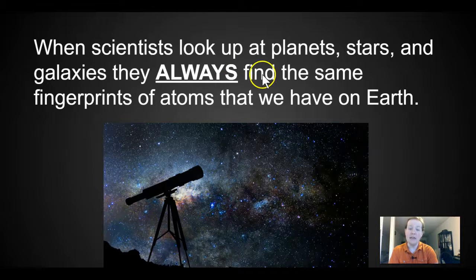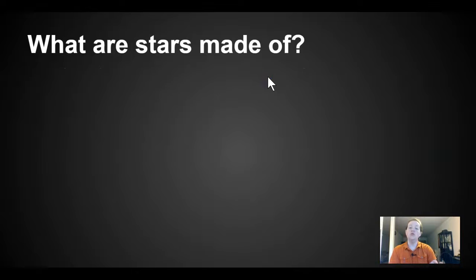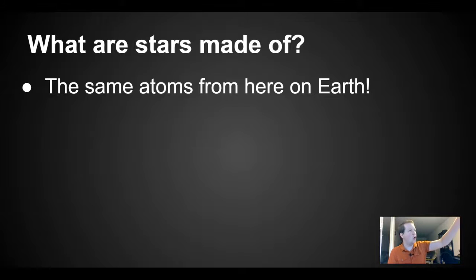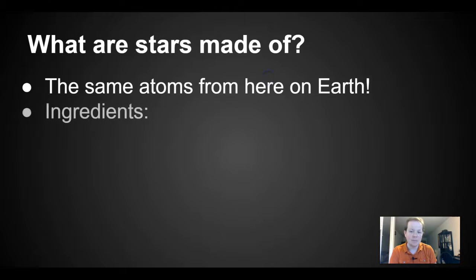It's the same material. So let's answer our question. What are stars made of? They're made of the same atoms here on Earth. Stars are not different material. It's the same stuff, the same atoms.